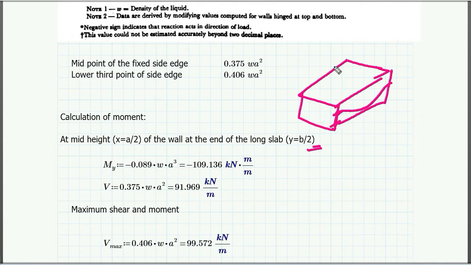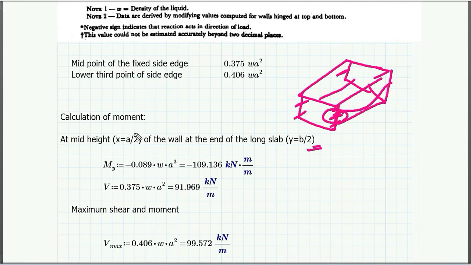Because the water pressure distribution is triangular, the maximum effective stress is always assumed to be at the midpoint. So the most critical forces for this problem will be at the midpoint and at the end of the water tank. That is why we are calculating at the end and at the mid depth of the water tank.